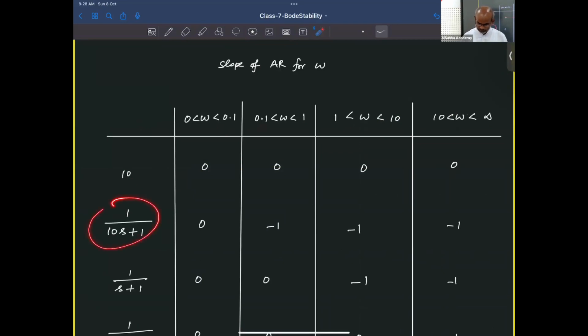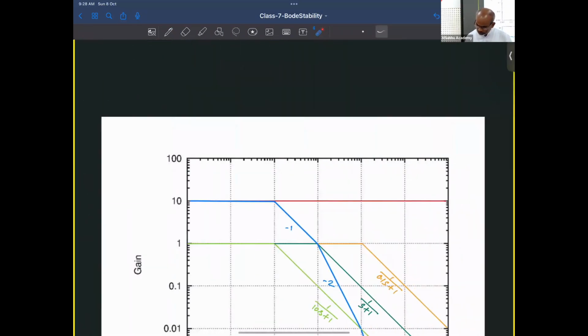And for 1 by 10s plus 1, the corner frequency is 1 by 10. So till a value of 0.1, the slope is 0. And from 0.1 onwards we have a negative slope till a value of 1.